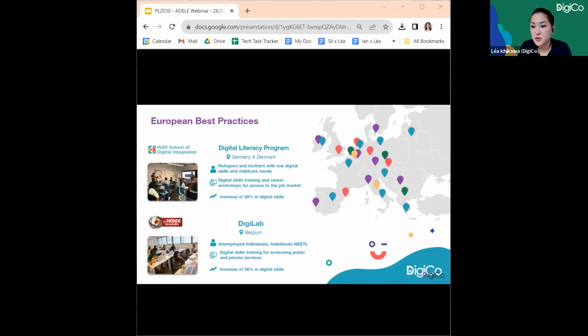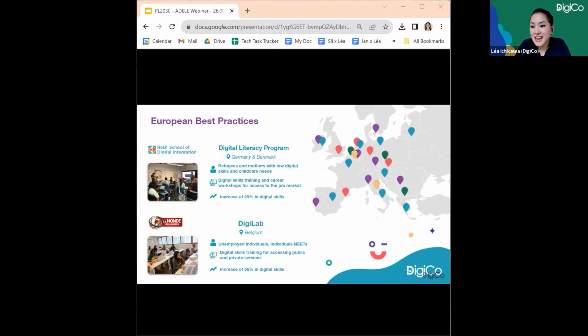So they had digital skills training in a classroom basis, and they also had some career workshops together with this digital skills training in order to accompany the person not just with the skills but also how to apply those skills from a career perspective, right?